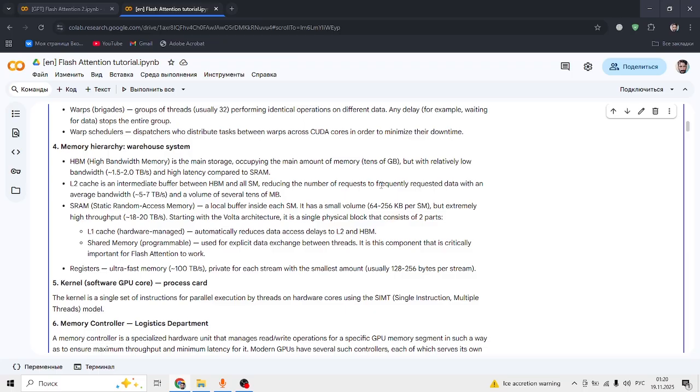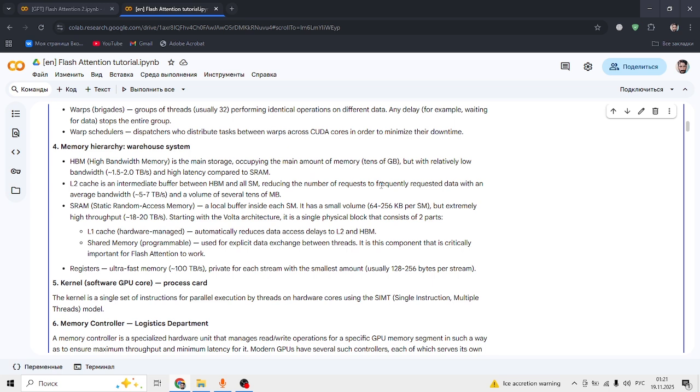It has a small volume, between 64 and 256 kilobytes per streaming multiprocessor on modern GPUs, but it also has extremely high throughput, near 20 terabytes per second.